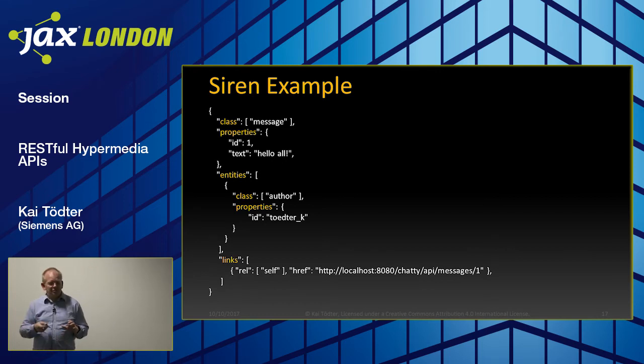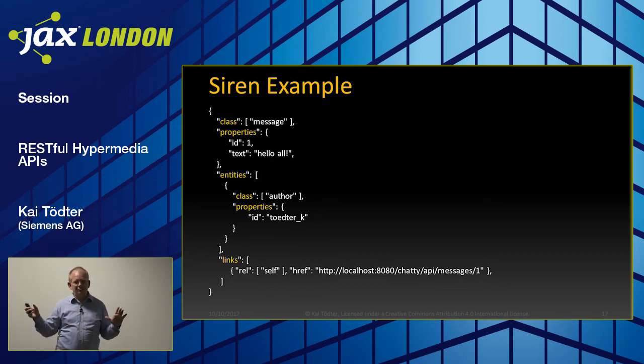While I find this a good structure from the structural point of view, from the practical point of view, this will break every client immediately, because before you Sirenify a client, it would expect that ID and text would be top level, and so you have to change all of the existing clients if you introduce Siren and you don't start with it in the first place.